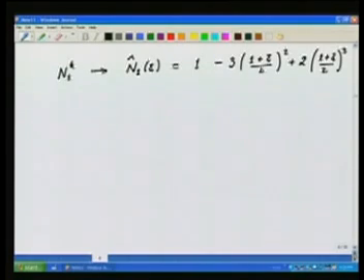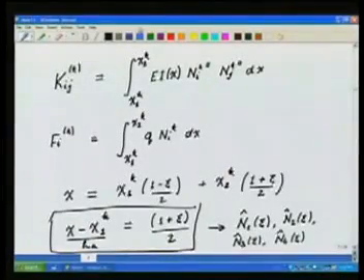Okay. So with this simple substitution, I am now able to get the definition of these shape functions at the master element level. So if I have the definition of these shape functions at the master element level, then I can convert these integrals to integrals over the master element level.